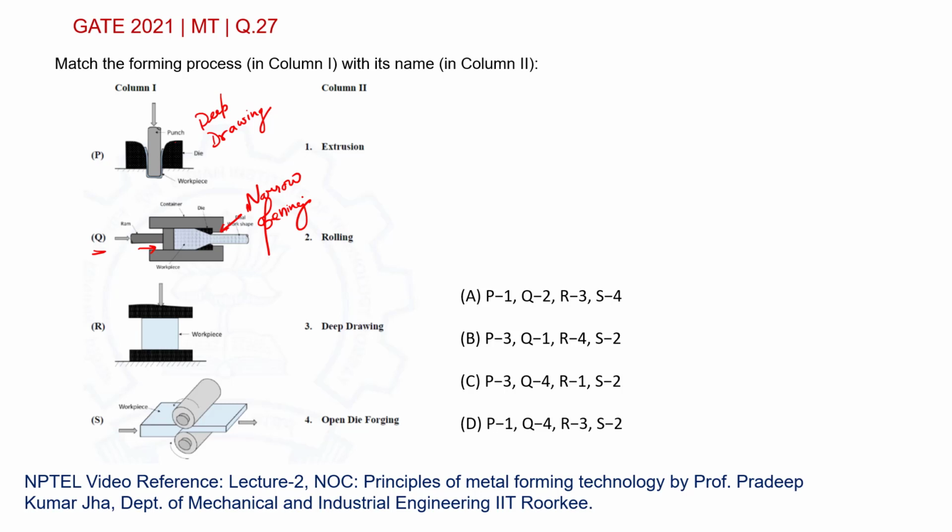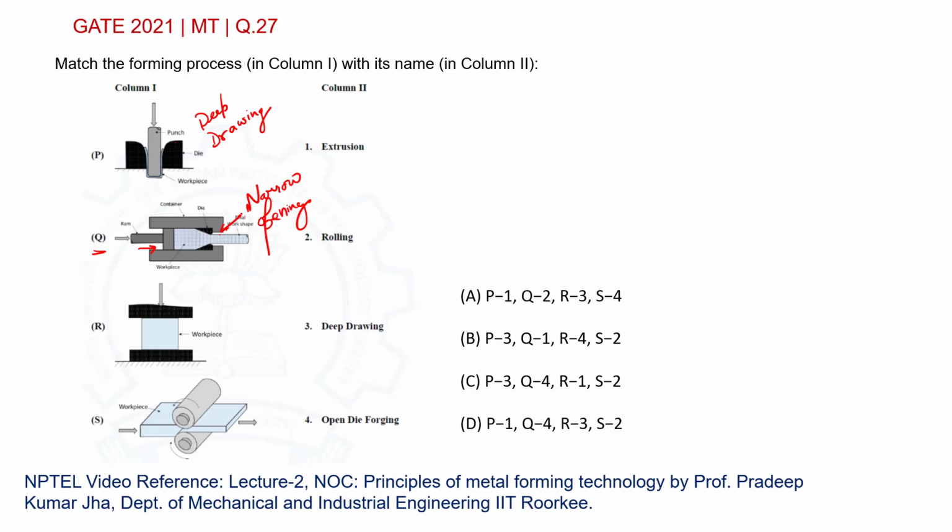Generally, the opening has a constant cross section. So we tend to reduce the diameter and increase the length of the raw material. So this is known as extrusion, and depending upon whether the raw material is hot or cold, it can be hot or cold extrusion.